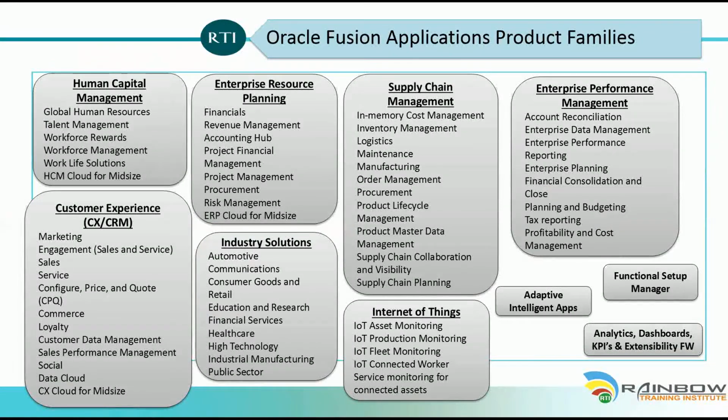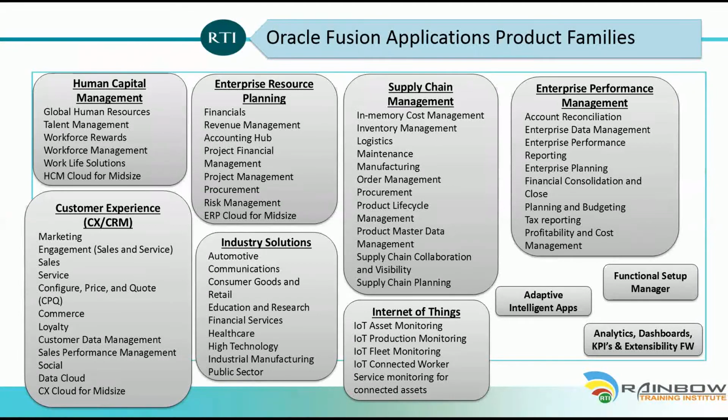What is this industry solutions? When Oracle studied, every industry has its specific requirements. The automotive industry has its specific processes, along with HR, finance, HCM, which span across every organization. Specific to industries like automotive, communications, consumer goods and retail, those industries will have their individual functionalities and individual processes.